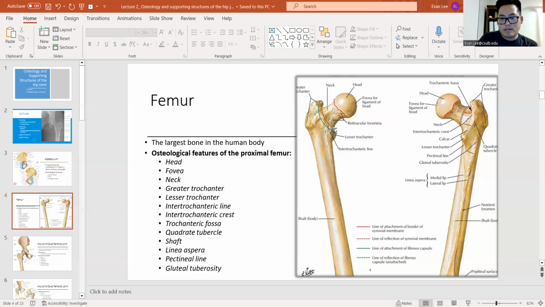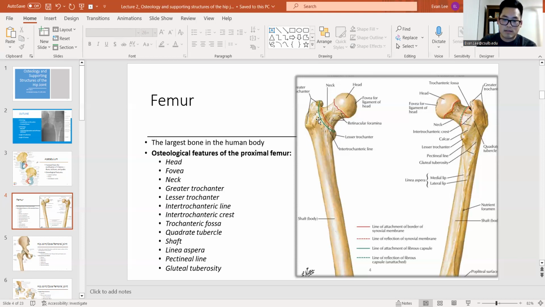But if you look closely, there is a faint line right along the edge between those two, along the edge of the neck. That is called the intertrochanteric line. Intertrochanteric, between the trochanters, is a faint line on the front of the femur.